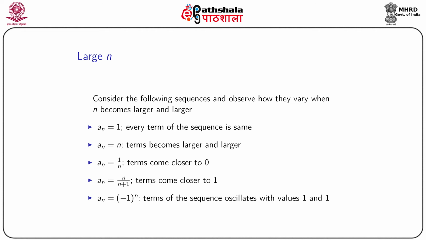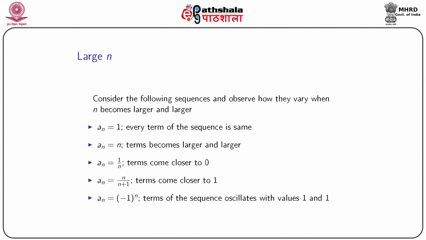First, consider the constant sequence, a_n equals 1. So even if I increase n, all the elements of the sequence, or all the terms, will be the same. So we call it a constant sequence. Now if we take a_n as n, so if n becomes larger and larger, a_n will become larger too, because a_n is just n.